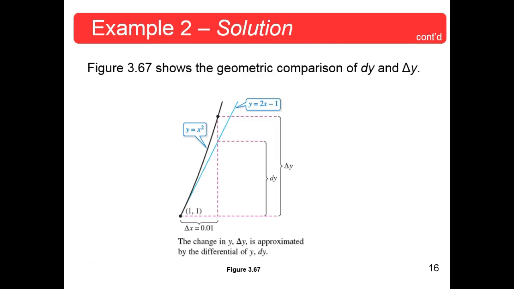Now here's example 2. Comparing delta y and dy. And folks, we're going to do all this, and I have yet to think of a very practical reason we're doing it. I mean, I know theoretically why we're doing it. We want to see that this is going to work when we do integration.